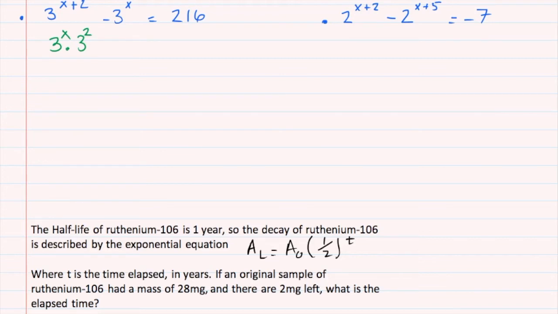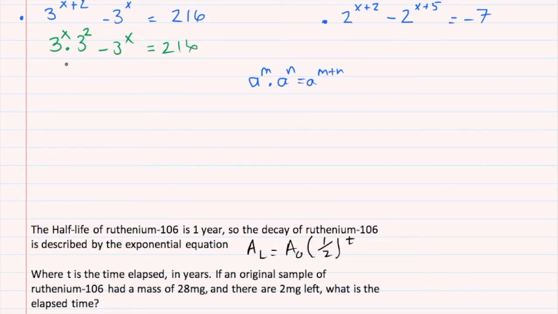Because if you remember the multiplication rule, a to the power of m times a to the power of n is equal to a to the power of m plus n. So here we went the reverse way. Now, 3 to the power of x times 3 to the power of 2 minus 3 to the power of x is equal to 216.